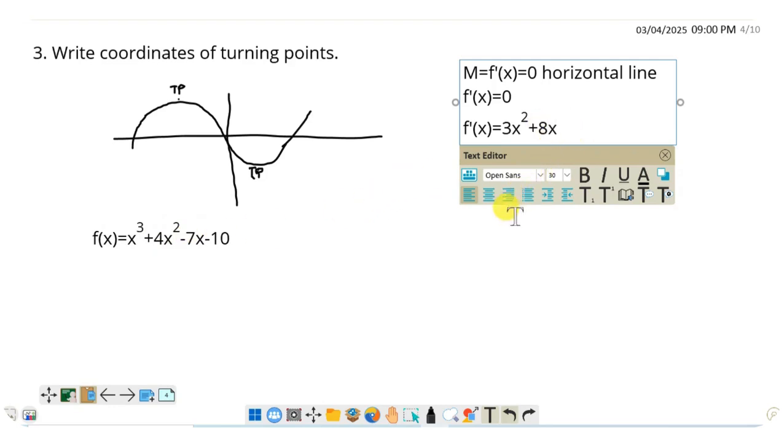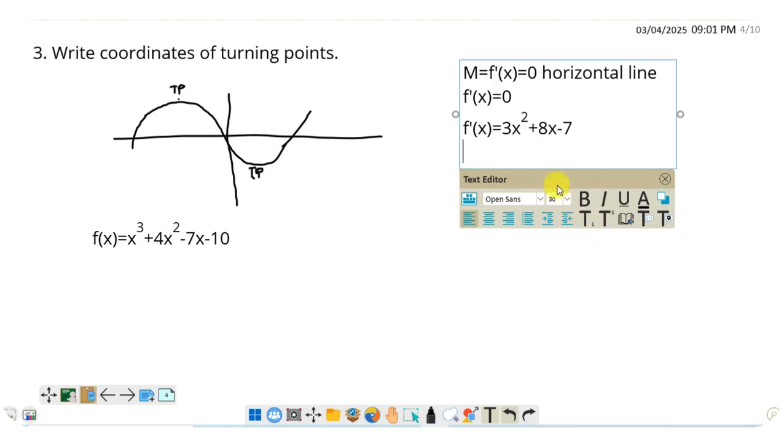Then 7: I have 1 times 7 times x to the power 1 minus 1, which is x to the power 0, which is 1. So this is the derivative.